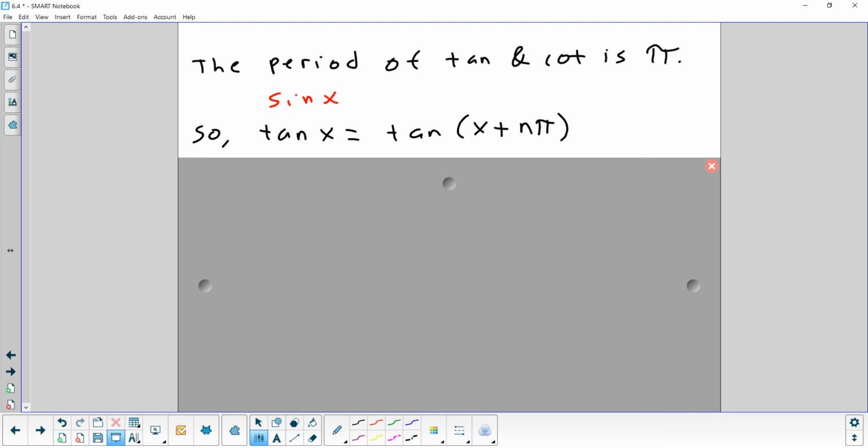Sine x equals sine of x plus 2 pi, meaning if you add 2 pi to a value, you'll get the same answer as if you don't. Or if you add 4 pi, or if you add 6 pi. All that adding 2 pi does is move you to another cycle, but it still gives you the same answer.